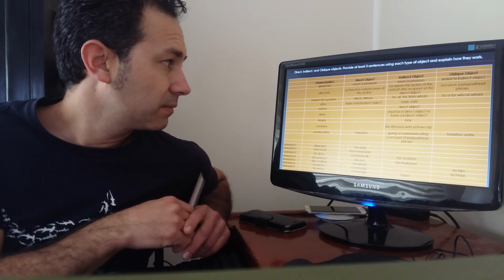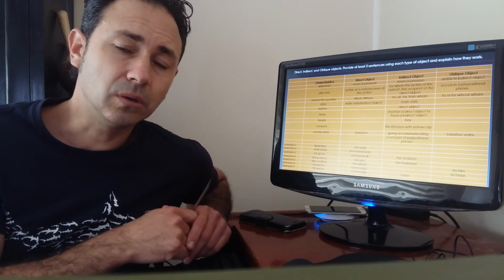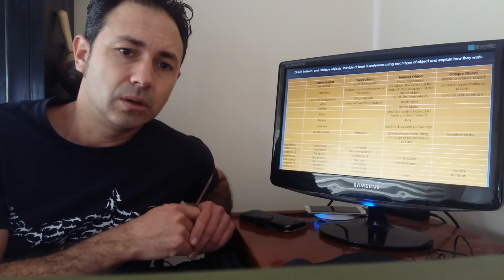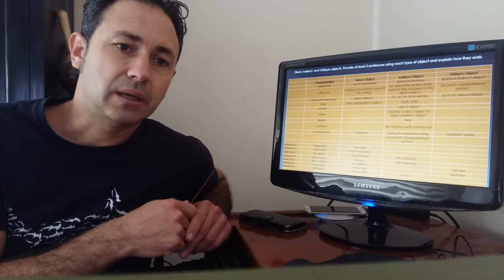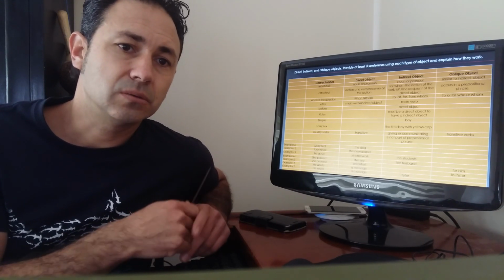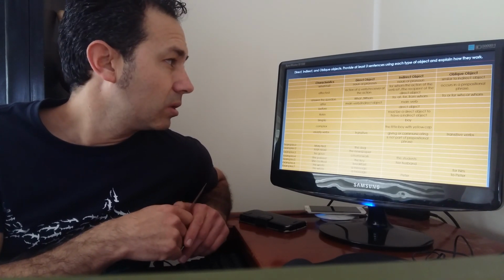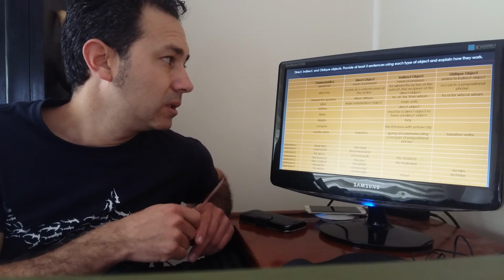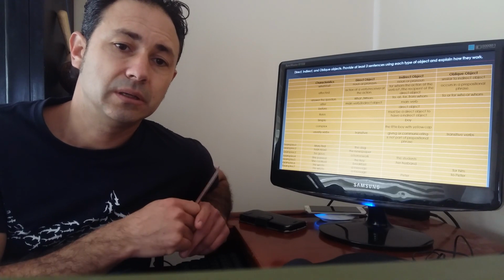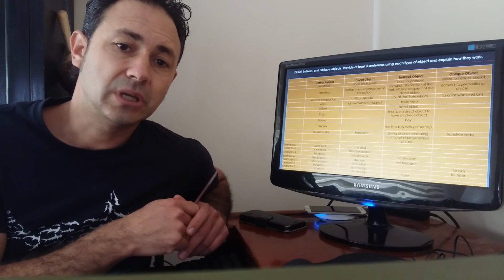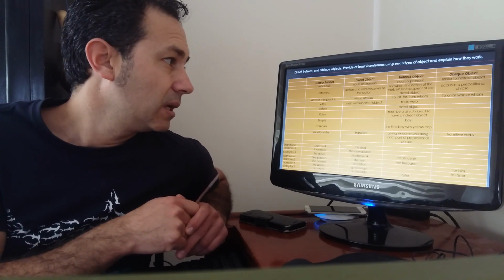Then something interesting to know: to find the direct object, we have to make a question, and the question will start with what or whom did the action, who did it with the verb, to check what is the direct object.